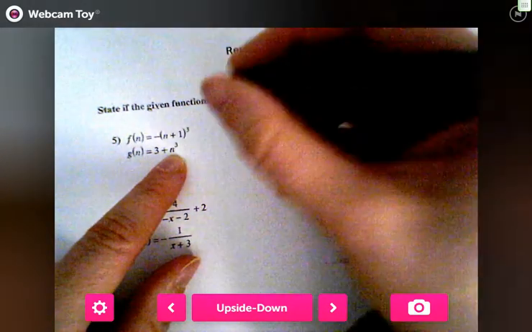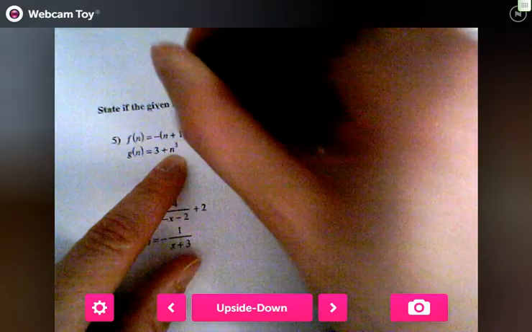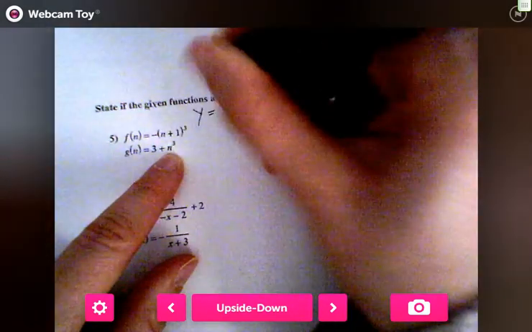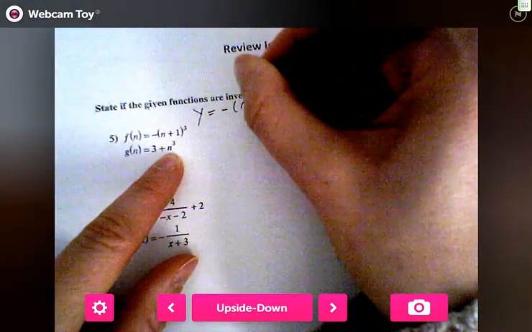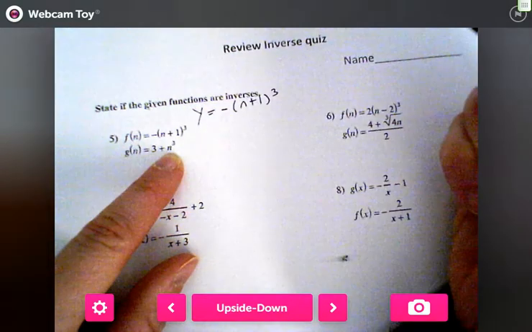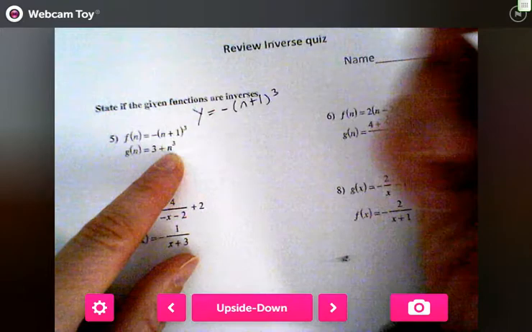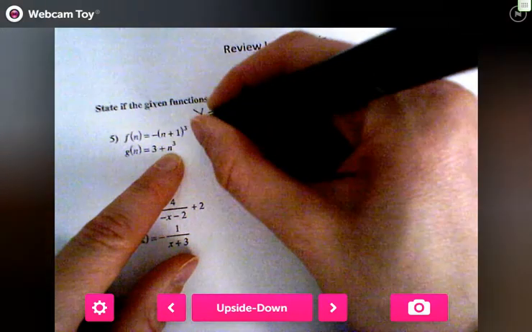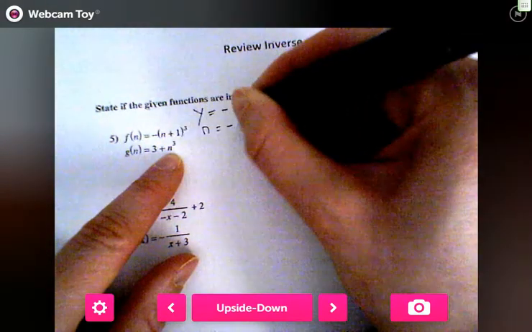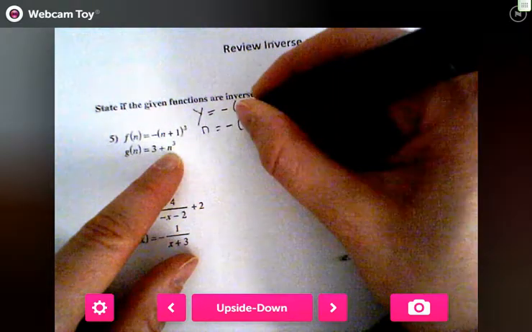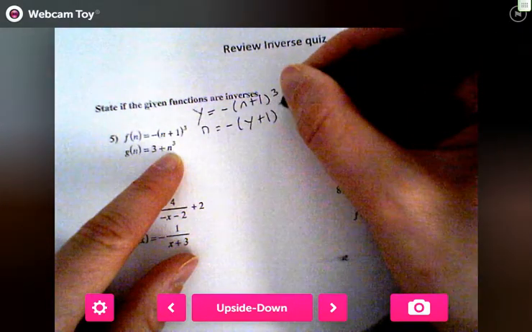So what I'm going to do is change it to y first of all. So I get y equals negative n plus 1 to the third. And then my next step is I'm going to switch where y and n are, and I'm going to solve for y. So n equals negative, and you can change it to x too if it bothers you, y plus 1 to the third.